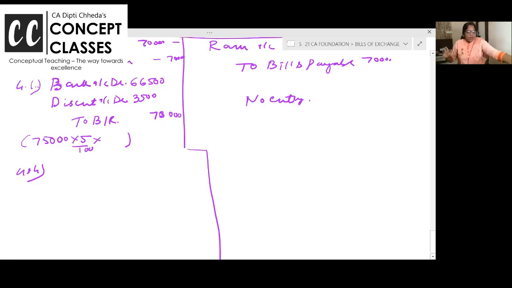Yeah. On 4th of April, you know what happened? The bill got dishonored and the bank charged from you 10 rupees incidental charges also, and some 40 rupees interest also.